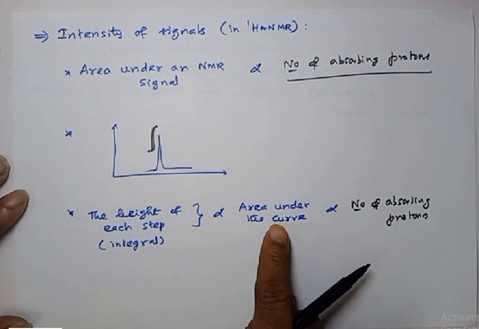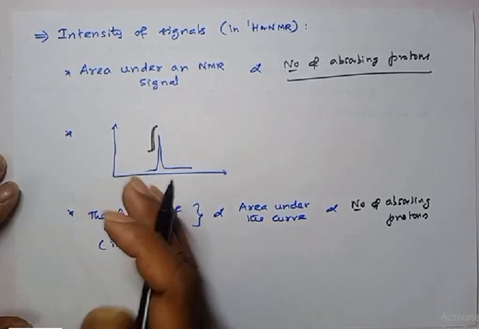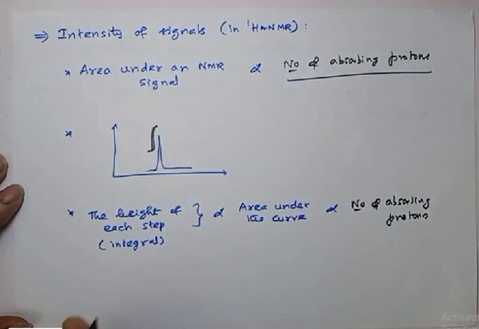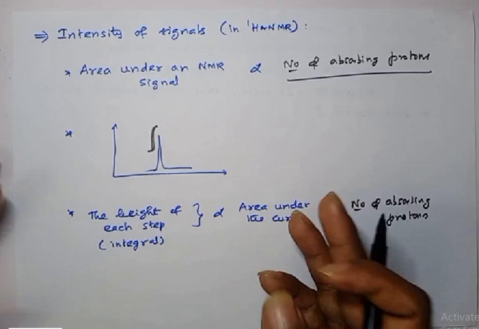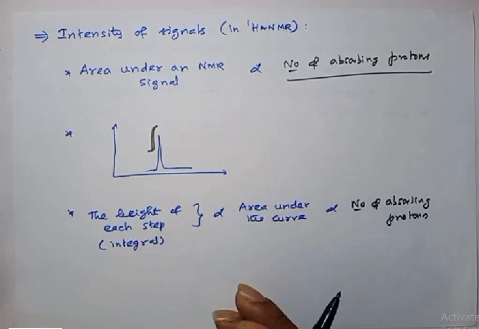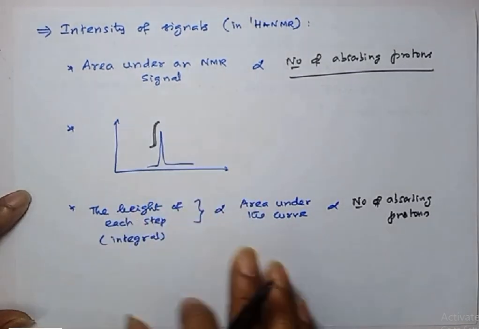So, instead of area, I am going to take the height. Height will be provided in the spectrum itself. If height is given, how do we find the ratio? Listen carefully. Keep this in mind.